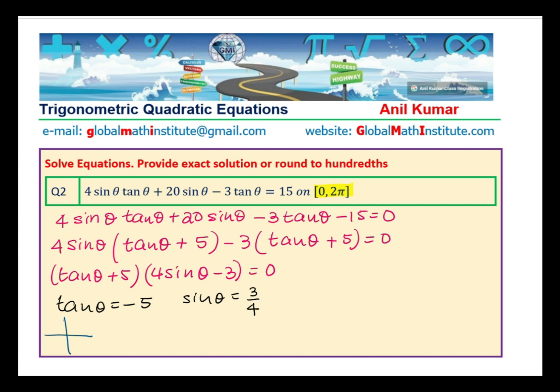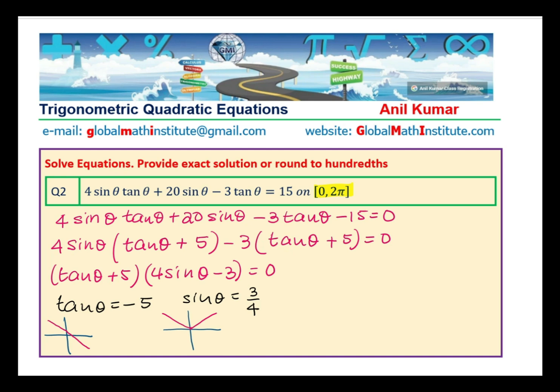Minus means we are looking at the quadrant 2 and 4. For sin theta to be positive, we are looking at the quadrants 1 and 2. So we have four solutions within the domain of 0 to 2 pi.